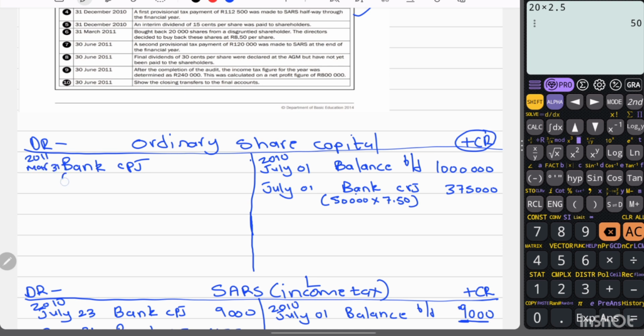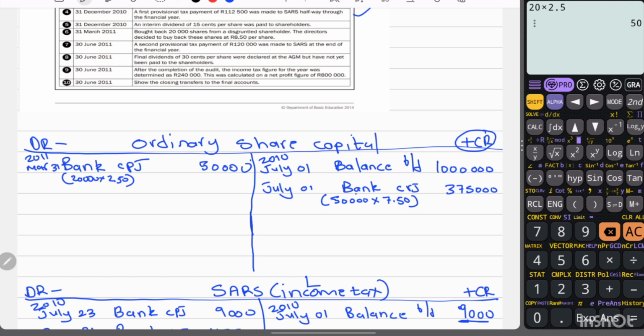CPJ, you can just write your calculation in brackets. It's going to be 20,000 multiplied by, remember, here we are always using the average price, 2.50. And then how much did we get? We got 50,000 rand.